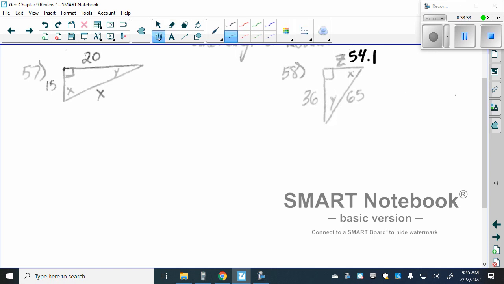Now looking at 58, because again, we can use sine, cosine, or tangent. Personally, I'm going to solve for x. Well, we can solve for x or y. We can solve for x first, and I'm mainly going to stick with sine. Because sine of x is equal to what over what? Opposite, which is?